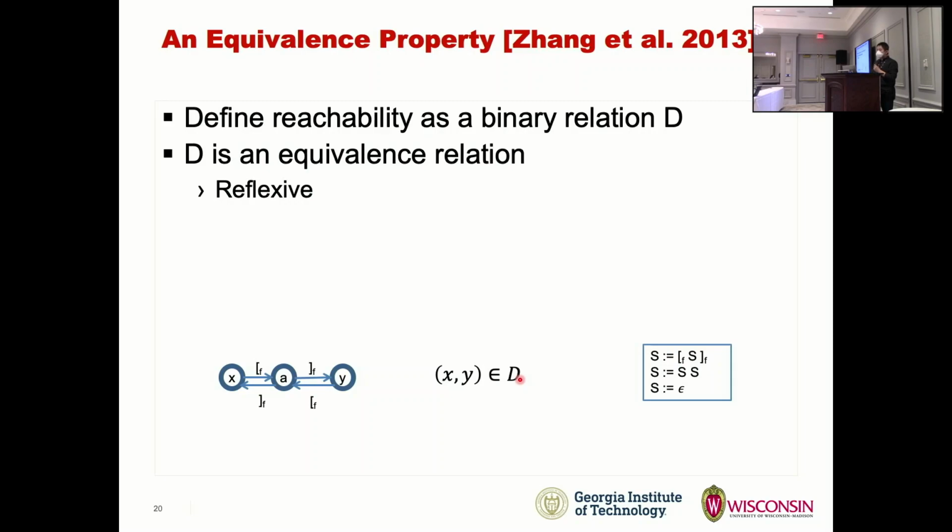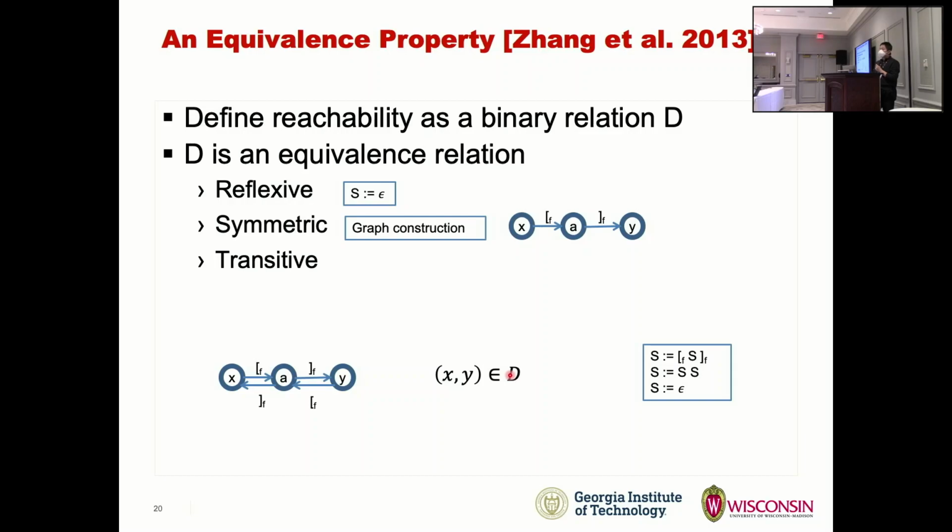Because it's reflexive. The start symbol of the Dyck language is nullable, S is nullable. It means that it contains all the self-cycles, meaning XX, YY, ZZ, all node pairs belong to the binary relation D. The second property is that it's also symmetric.